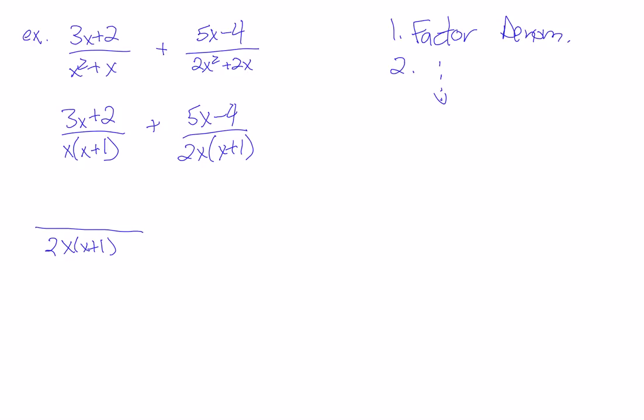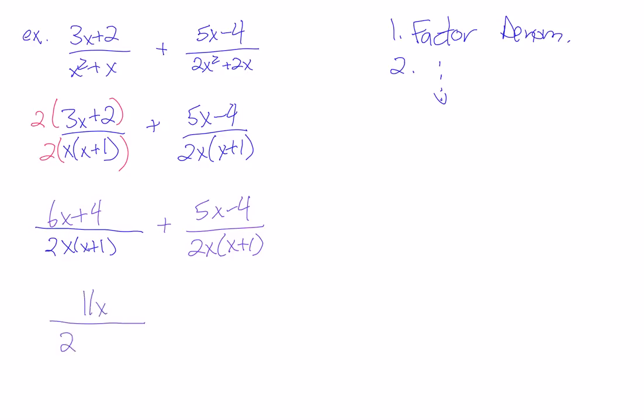So our change will be, we just have to times that first fraction by 2, and then it'll become the same thing. If we times that one by 2, we'll get 6x plus 4 on the top, and our second fraction will stay the same. Now we can combine our tops, so 6x plus 5x will be 11x, plus 4 minus 4 is 0, so that cancels.